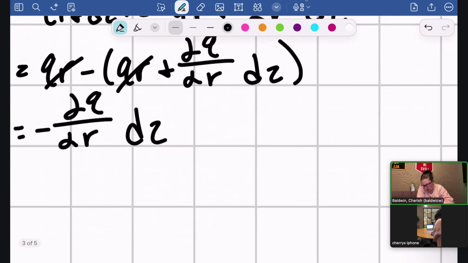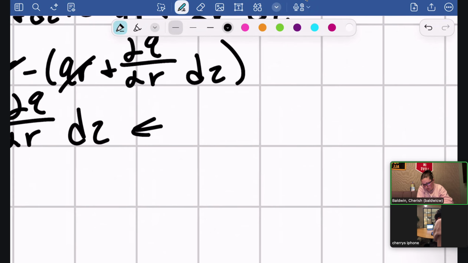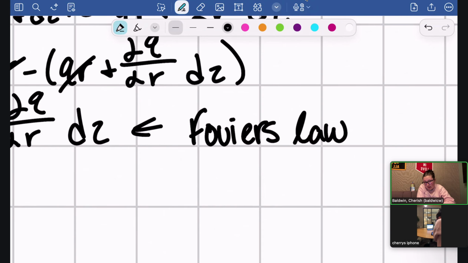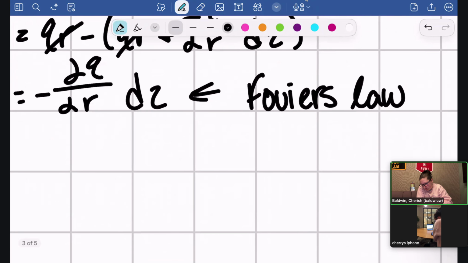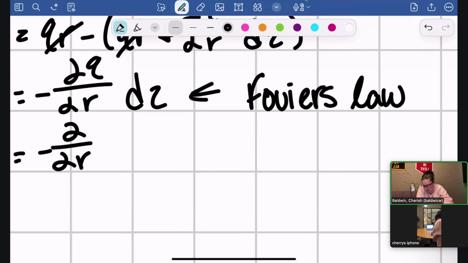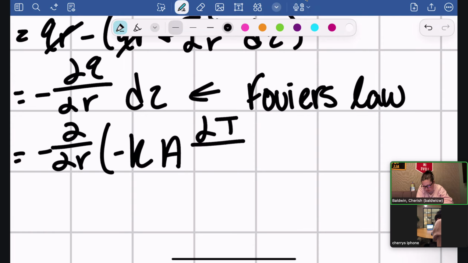And then we use Fourier's law. I don't think I'm spelling that right, don't judge me. And that gives us the partial derivative over the partial derivative of z times negative k times area times the partial derivative of temperature over z, dz.